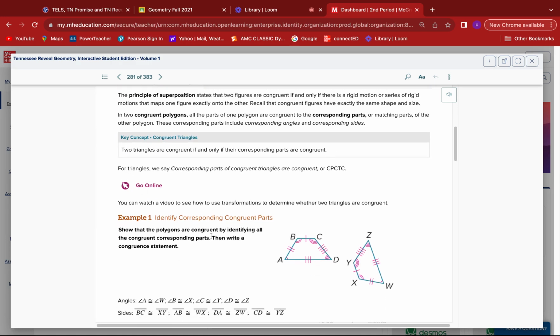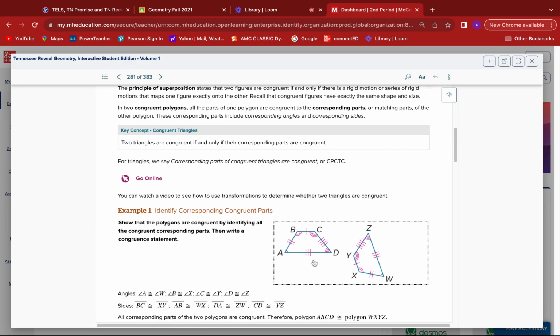For instance, if you're looking at two of these figures right here, and they say this is figure A, B, C, D. A being a 1 slash, and if they say it first, then W has to go first in the second figure because it's a 1 slash, and they are congruent to each other. If they say B second, which is a 2 slash, then in this one they have to say X second because it's a 2 slash.